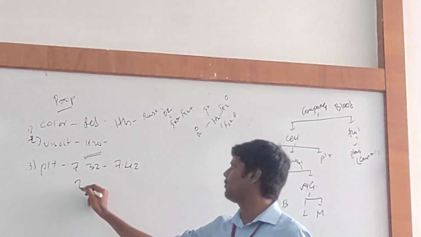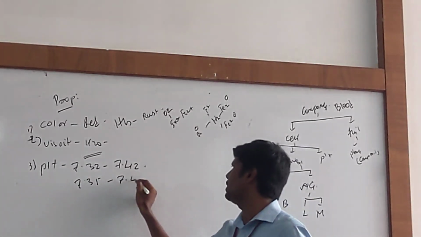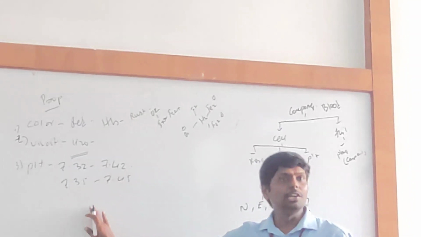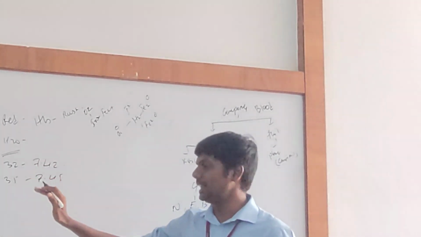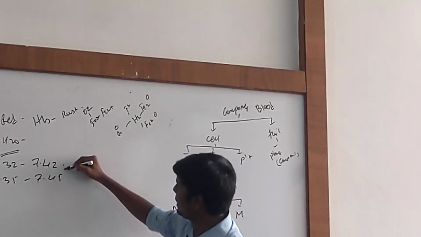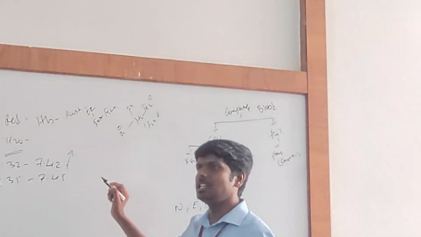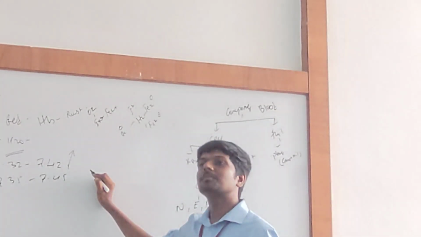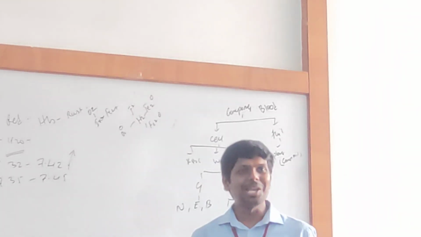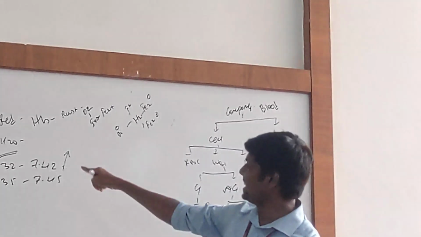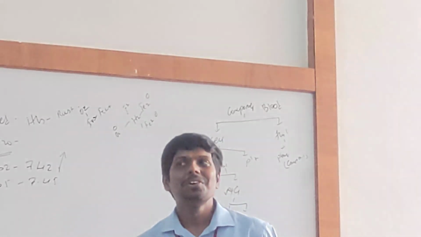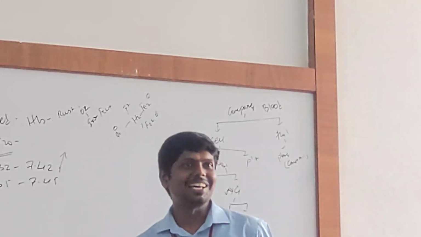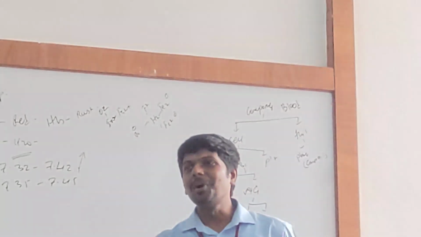Some textbooks say 7.35 to 7.45. So this is the universally constant pH of the blood. Listen, if blood pH is greater than this value, that is called... now I got you. Greater than 7.42 is called base. Yes, there is a proper term for it.